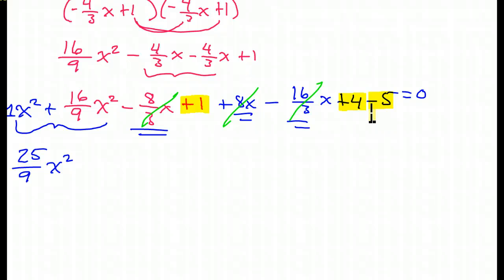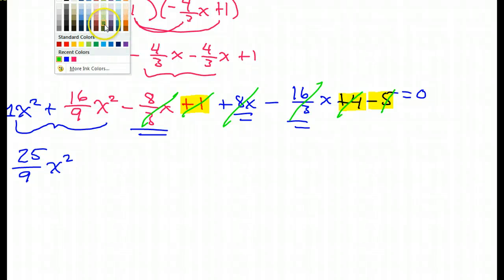So guess what? Those are going to cancel out too. Wow, everything canceled out. So I really just have the 25 over 9 x squared is equal to 0.